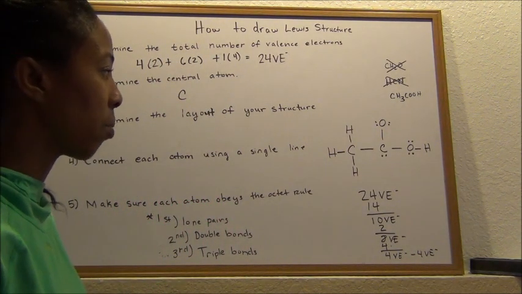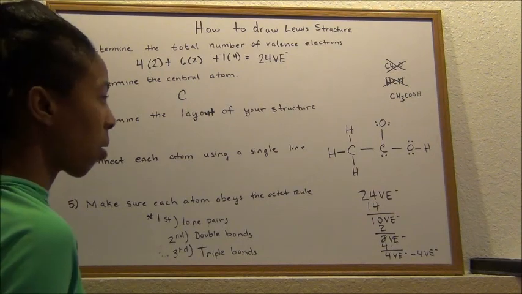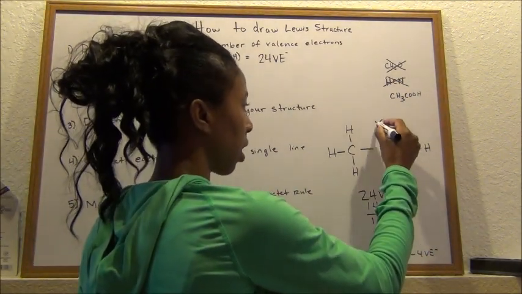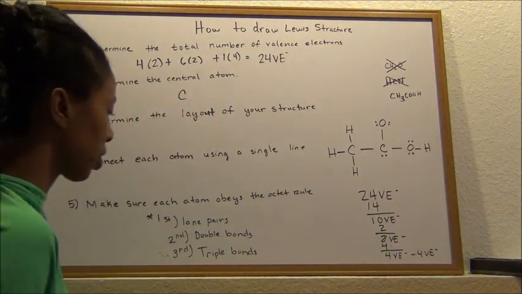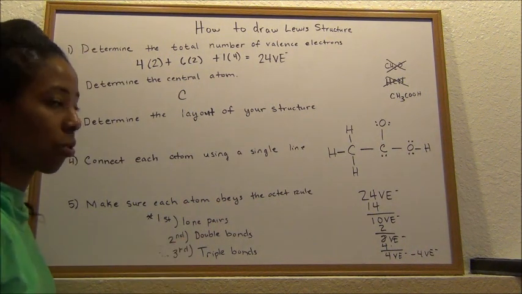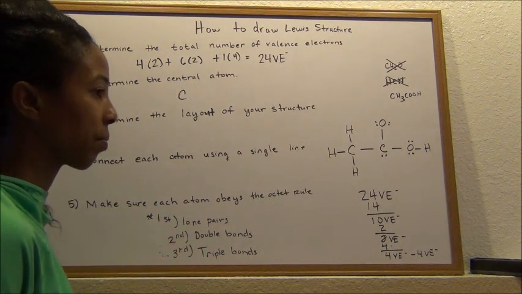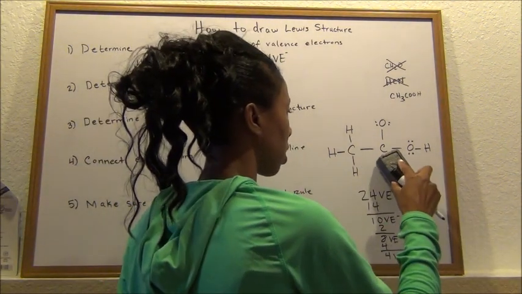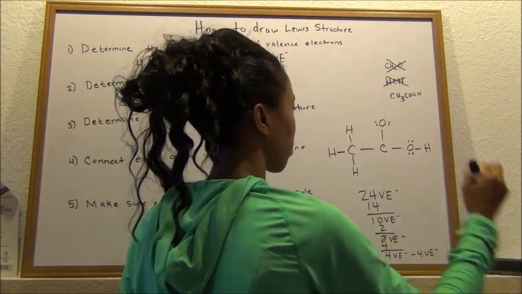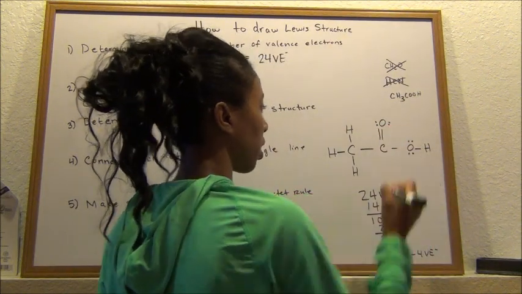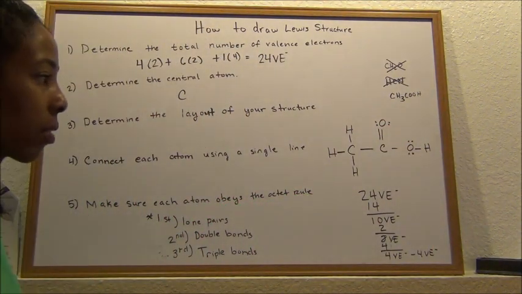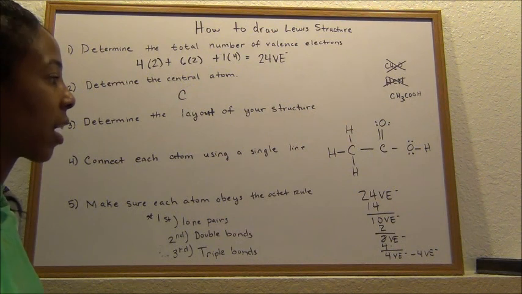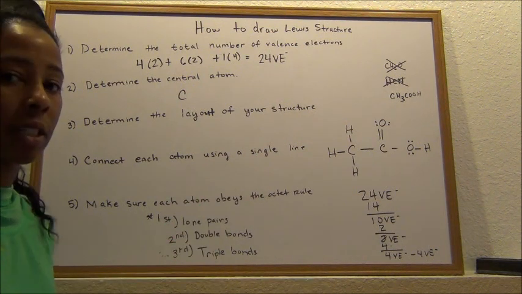So now I can go back because I've used up all my valence electrons, but oxygen is still electron deficient. So the second thing I'm going to do is draw in a double bond. And I'm going to take these electrons from the electron-rich carbon and place in a double bond. Now, this is the structure of acetic acid.